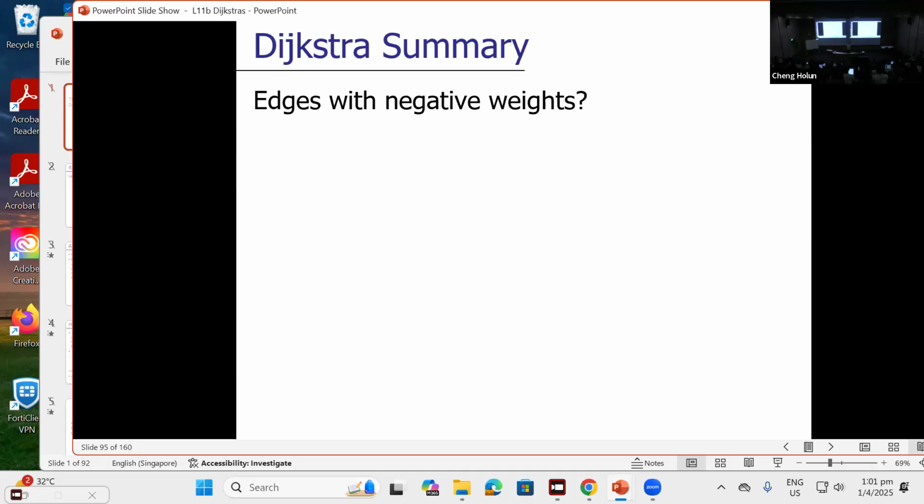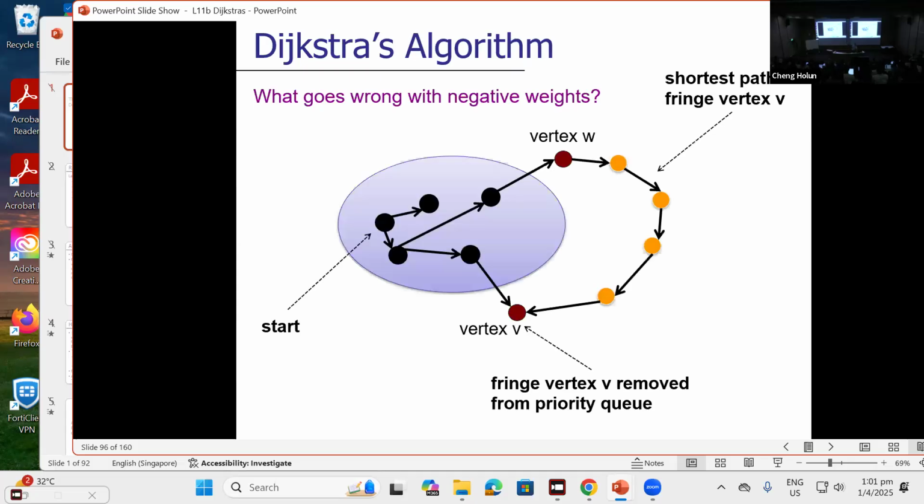Because I can go to other paths. You remember that just now? This proof: the orange route is larger than 0. There's a longer path. But imagine, what if the orange path has some negative edge? For example, just now the proof is based on this one being the smallest.